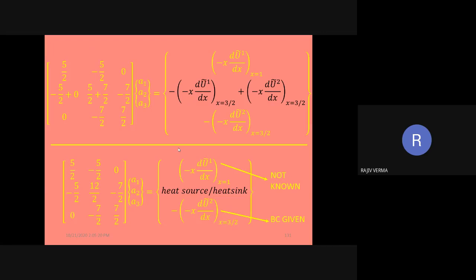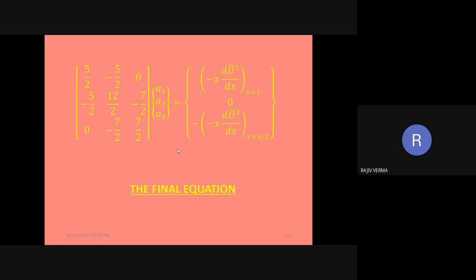Now this value of A1 is going to be substituted in equation number 2 and equation number 3 to give you two equations with two unknowns. Therefore, the values of A2 and A3 can be found out, which is going to give you a complete FEM solution. So this is how the FEM solution of a two element domain is going to be achieved.